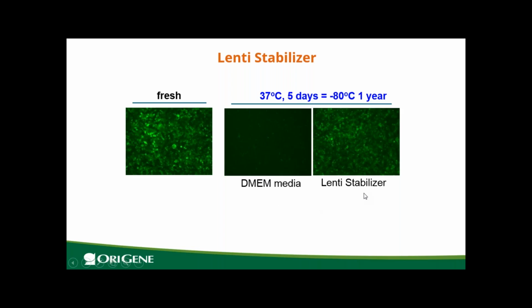When the virus is stored in the lenti stabilizer, the infectivity is well preserved. It's almost the same as the fresh virus after 1 year. So all the lentiviral particles provided from OriGene are in the lenti stabilizer buffer, so it's very stable during storage.